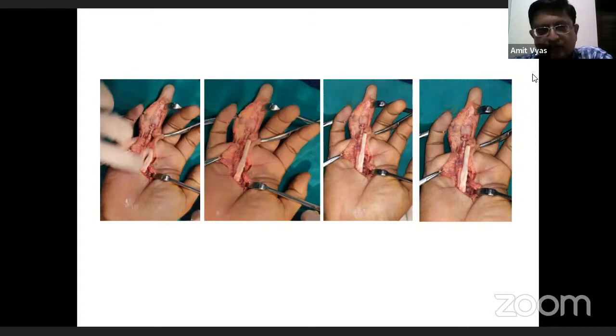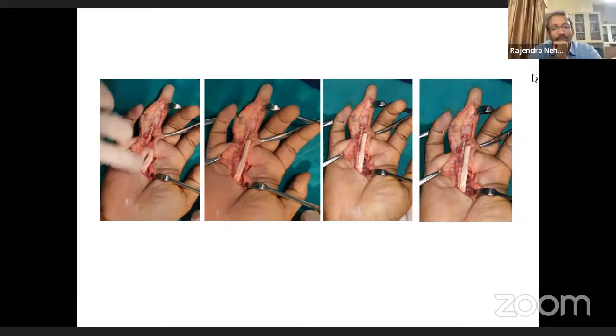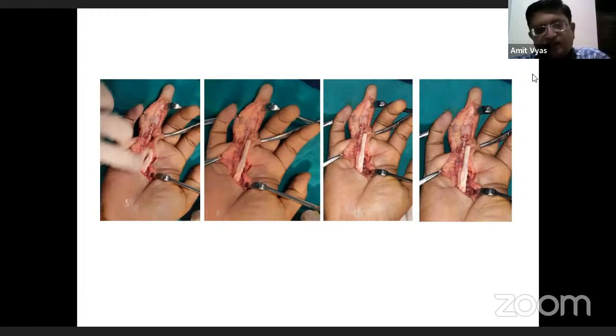And one interesting thing I have found, which is also described by Teng, is that they can extend the primary repair up to 5 to 6 weeks. There are two conditions: the flexor tendon should be within the flexor sheath, so that some vincula is intact, and the tendon should be stretchable.